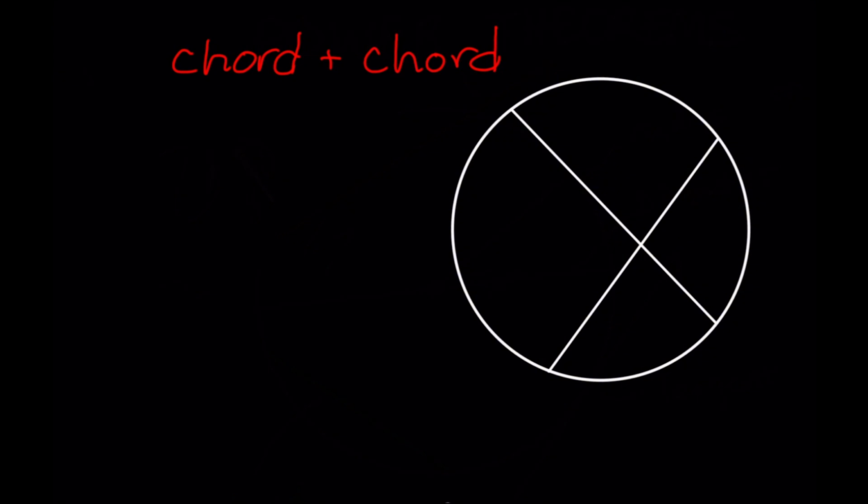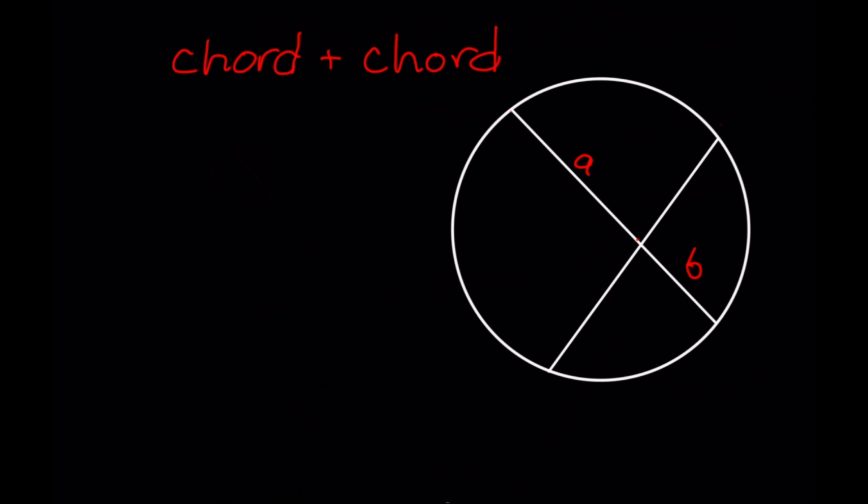So we can label each part of the chord. Remember, this is 1 chord and this is another chord. So this is A, and this is B, because this is 1 part of the chord and this is another part of the same chord. Honestly, it doesn't matter what you label it, but it's easier to label it with consecutive letters if it's the same line.